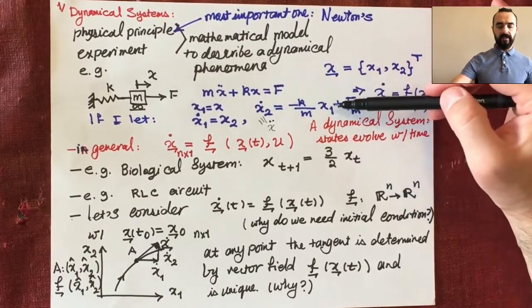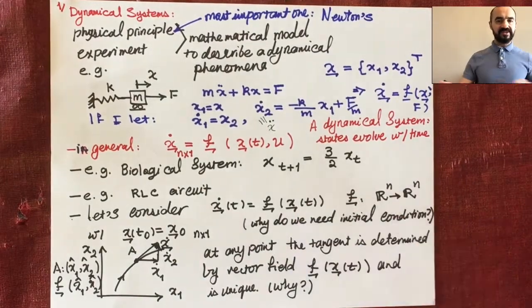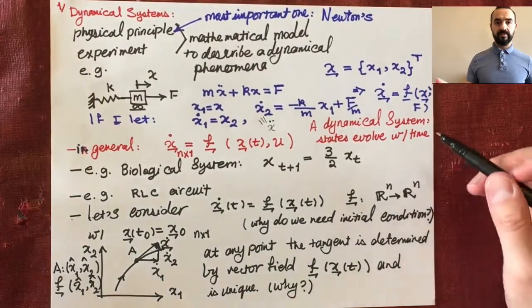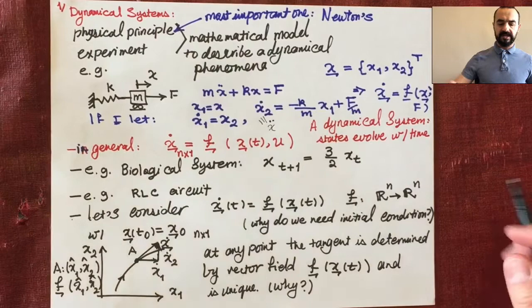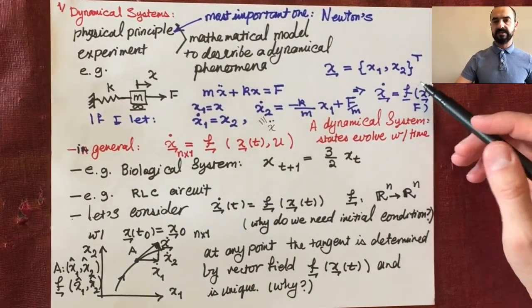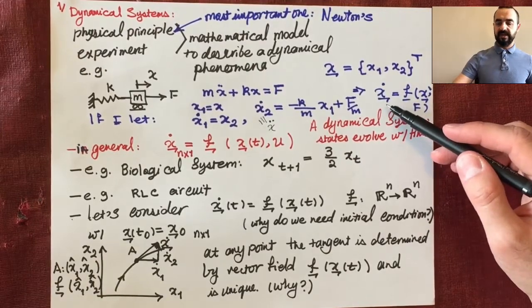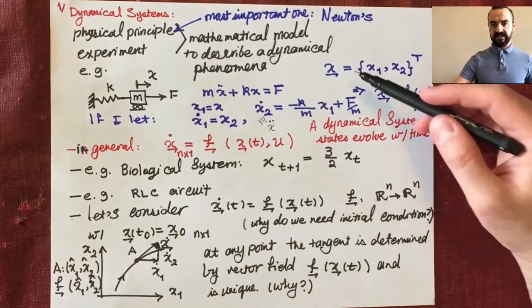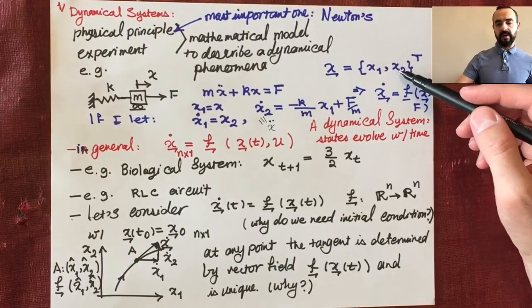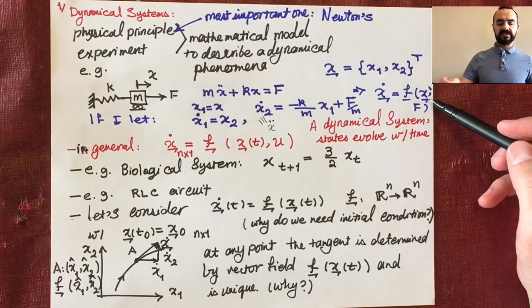If we ask you now to describe this dynamical system, you would say my dynamical system is x dot equals f of x and the external function, where x is my state vector, and x is x1 and x2.